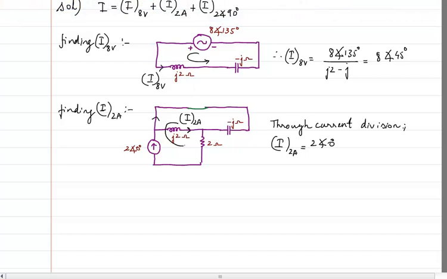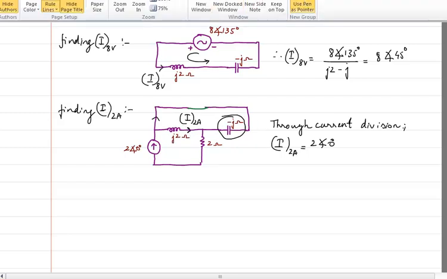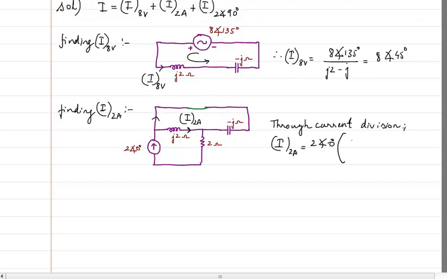J2 is the branch in which I want to find out the current. So I should take the opposite branch impedance, which is minus J. So I will take minus J divided by the total, which is J2 plus minus J.